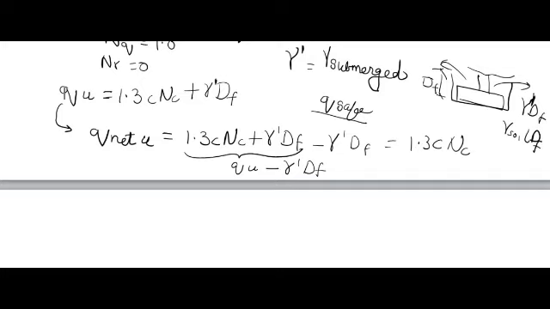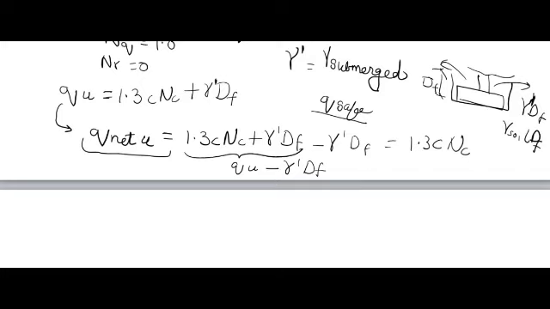So when you are putting a foundation above a hard stratum and removing the soil, you have removed the self weight of the soil, or the pressure created due to the presence of soil. Hence the net ultimate, Q net ultimate of the soil, can be considered as Qu minus gamma dash dF.